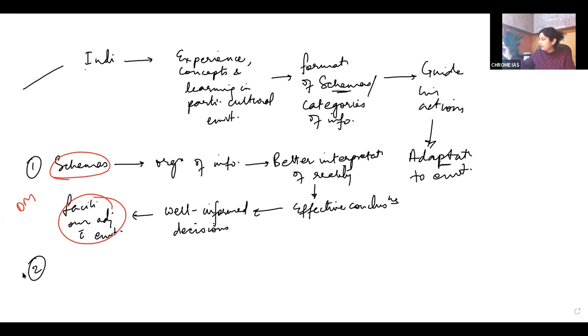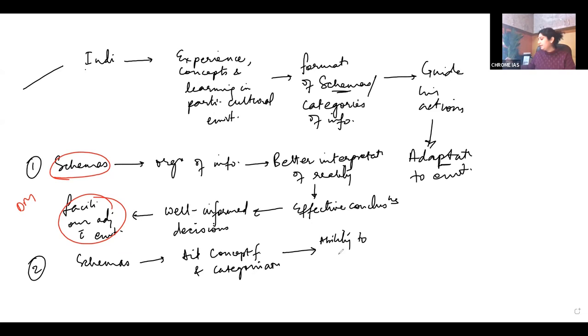So let's try to write it down. Schemas will aid your concept formation and categorization. It gives us the ability to remember the gist.